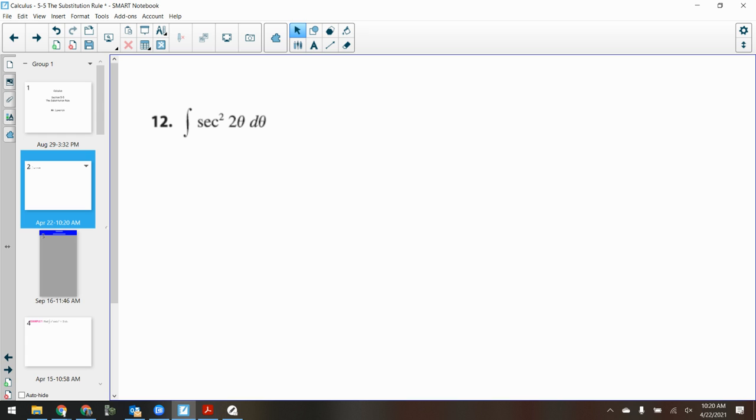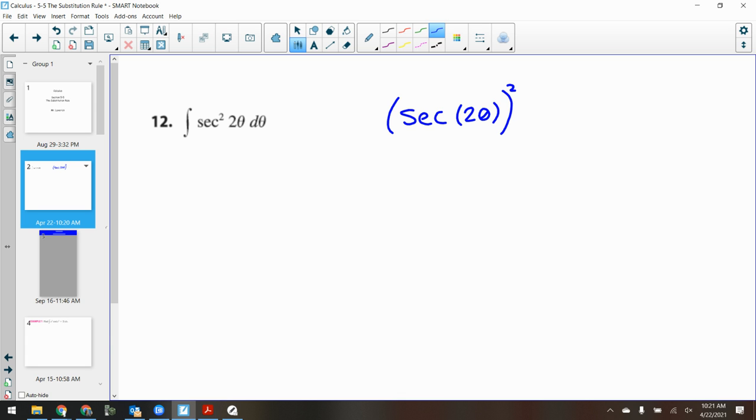We got secant squared 2 theta. So remember what this means, that if you've ever had a trig squared, all they're doing there is just taking secant of 2 theta squared, right? That's equivalent right there. I've had a lot of people ask, is the 2 theta squared?